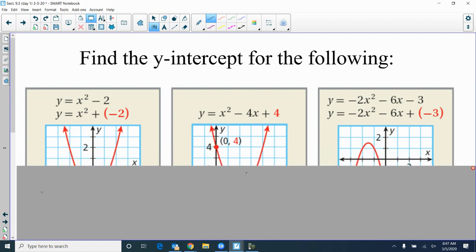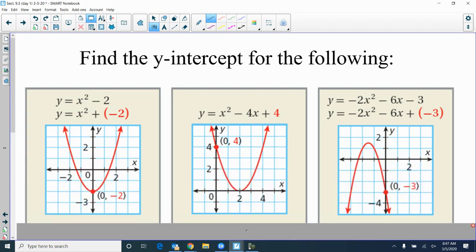All right, now just take a look at these cases here. This is the equation. What is the y-intercept for that graph? Okay, it is right there at 0, -2. This is the equation. What's the y-intercept? It is at 4. And this is the equation, and it hits right here at -3.